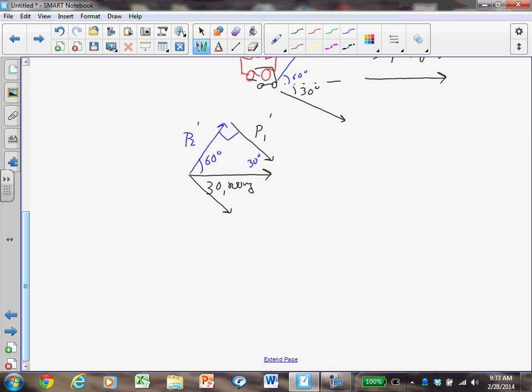P2 prime. You see your right triangle here? This is the hypotenuse, right? So P2 at 60 degrees would be the adjacent.